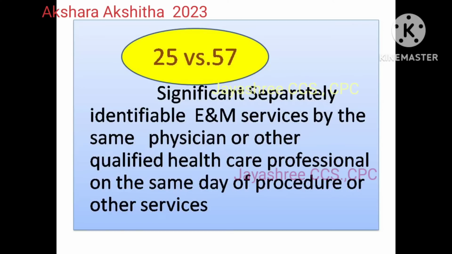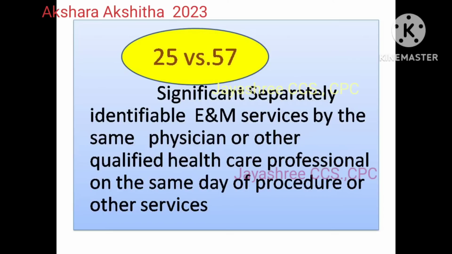So when the same day E&M services as well as surgery are being done, we need to append these two modifiers to the E&M services. The 25 modifier means minor procedure, the 57 modifier means major procedure.